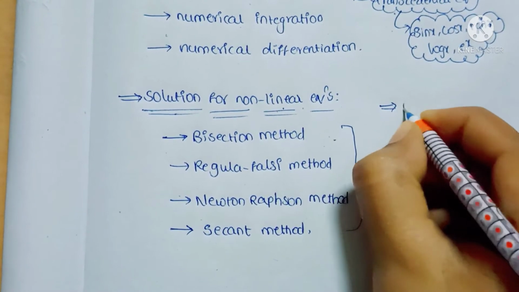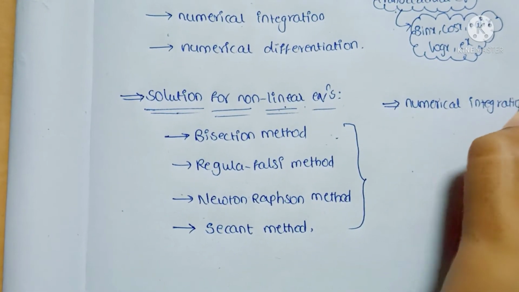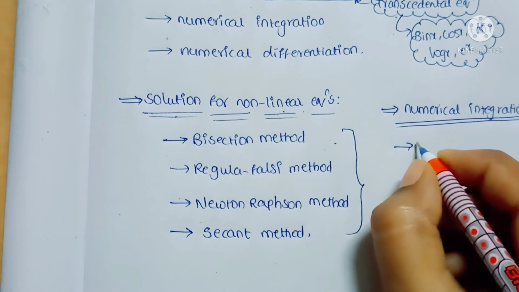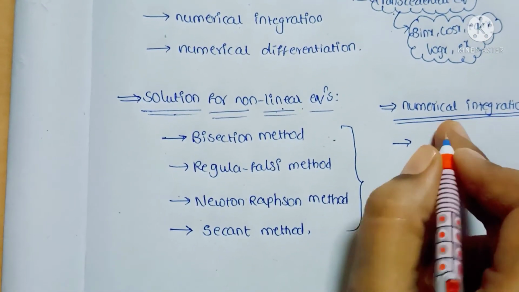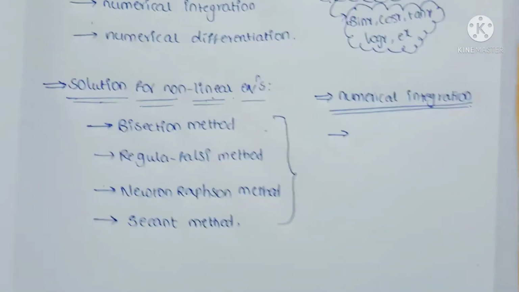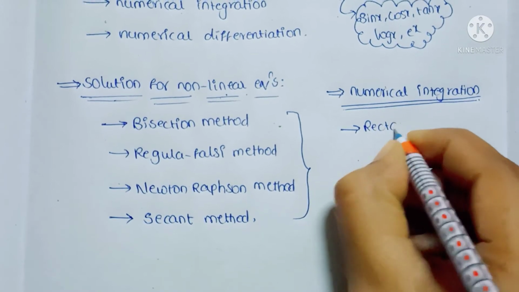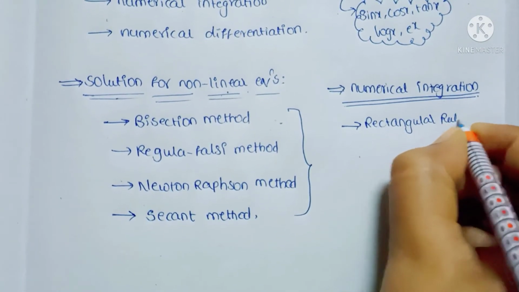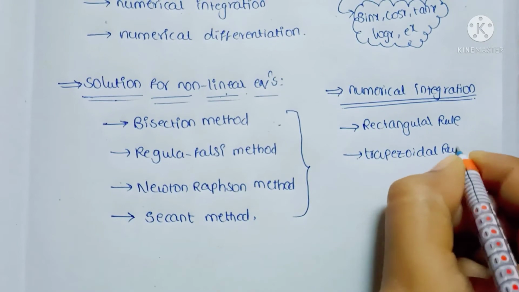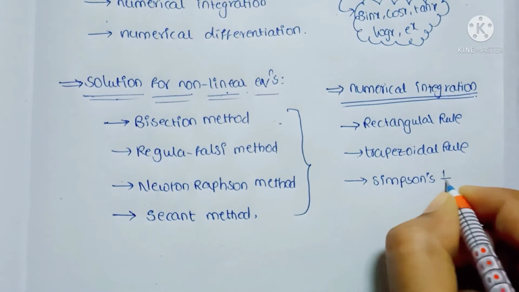And coming to numerical integration, we use the rectangular rule, the trapezoidal rule, and Simpson's one third rule.